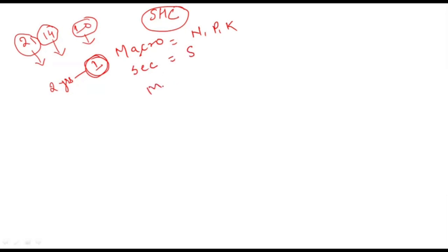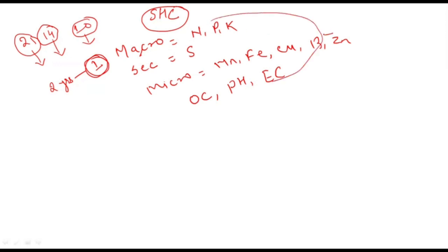Then the micronutrients: manganese, iron, copper, boron, and zinc. And 3 physical parameters are there: organic carbon content, pH, and EC, electrical conductivity, which shows the salinity of the soil. These are the 12 parameters in which the soil health card shows its status.